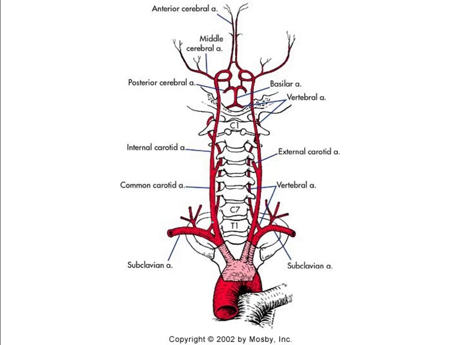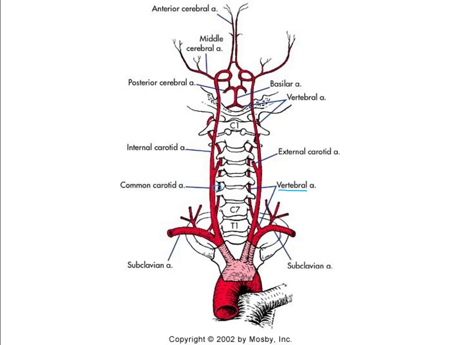And then we have two other vessels that we need to care about, which come off the subclavians. We have the vertebral artery on either side. There, and here it is on this side. And they come off the proximal subclavian after the takeoff of the internal carotid. Okay? So now we have four vessels that are going to ascend.